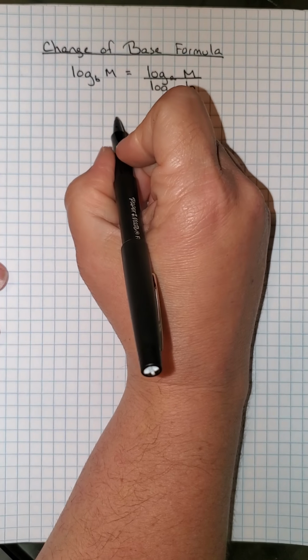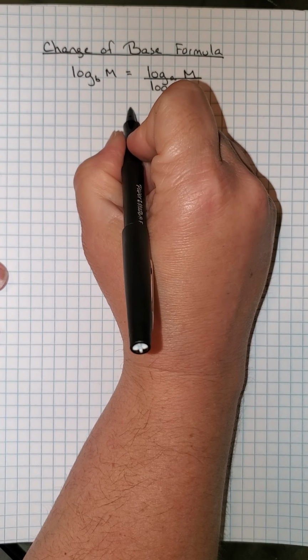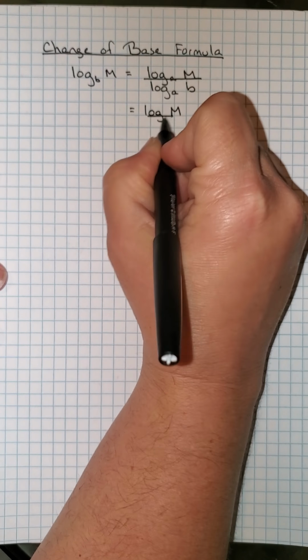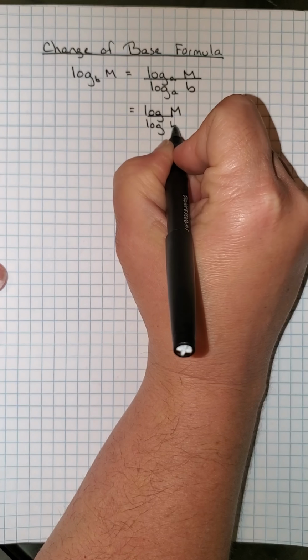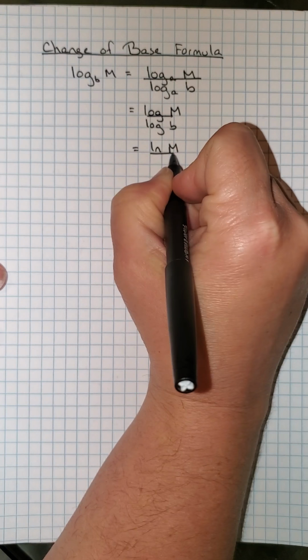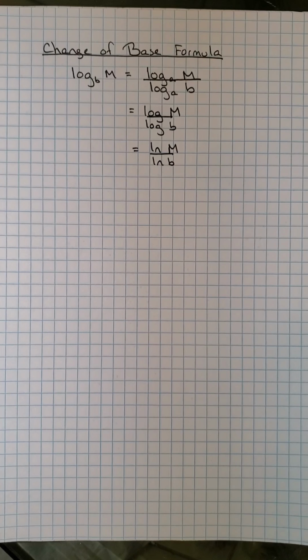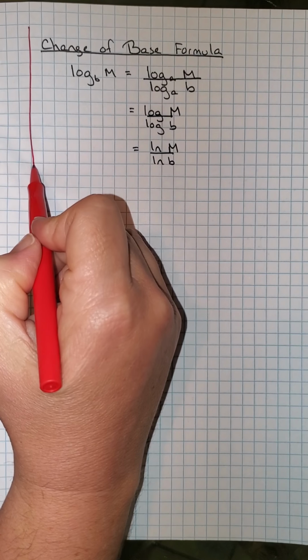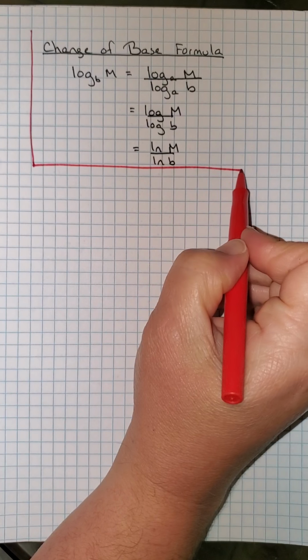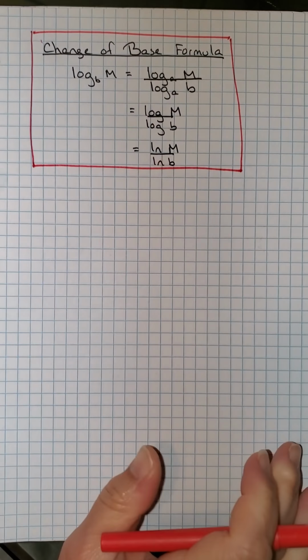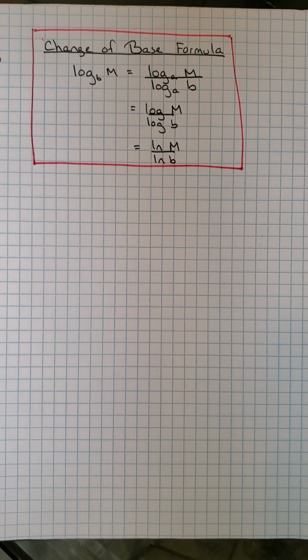The most common way to do this is with either common logs, so the log of m over the log of b, or as a natural log of m over natural log of b. And what this basically helps you do is put things in your calculator that you wouldn't have been able to put in otherwise.